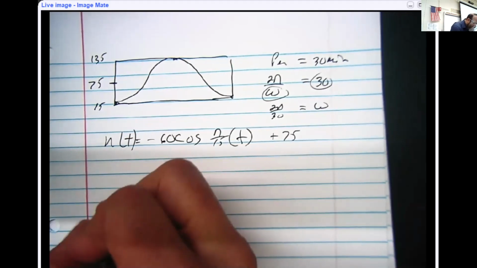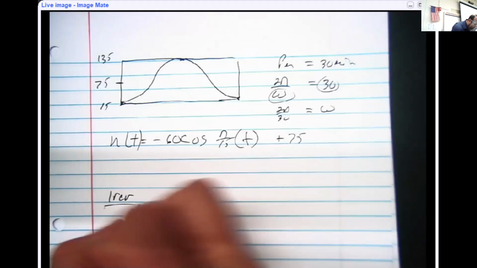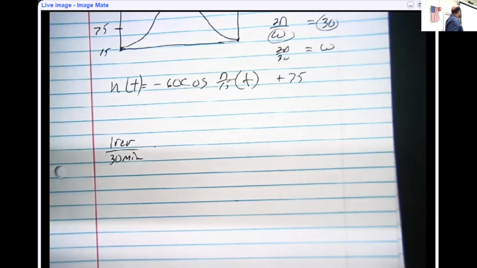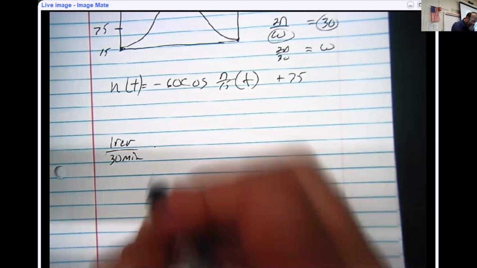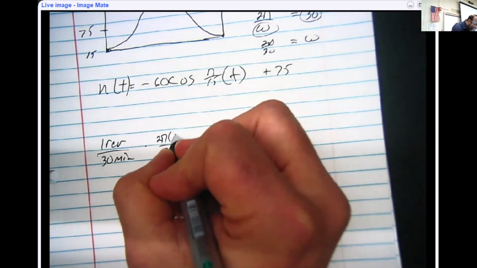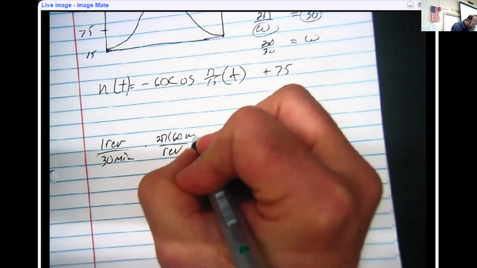Well, I'm just going to go like here. I'm going to do 1 revolution per 30 minutes. Now, what was the value of a revolution? Well, a revolution is a full circumference, isn't it? So 1 revolution would be 2 pi r, isn't it?